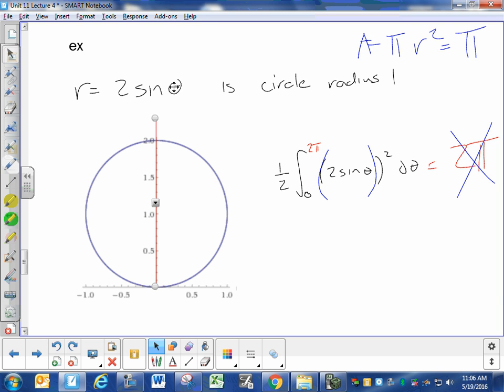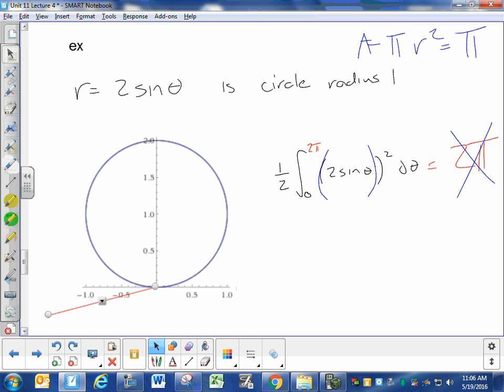The sine of pi over 2 is 1 times 2 is 2. There we go, we're at the top. Here is 2 pi over 3, 3 pi over 4, 5 pi over 6. Pi gives me 0. I am around my full circle. I have plotted my full circle from 0 to pi.